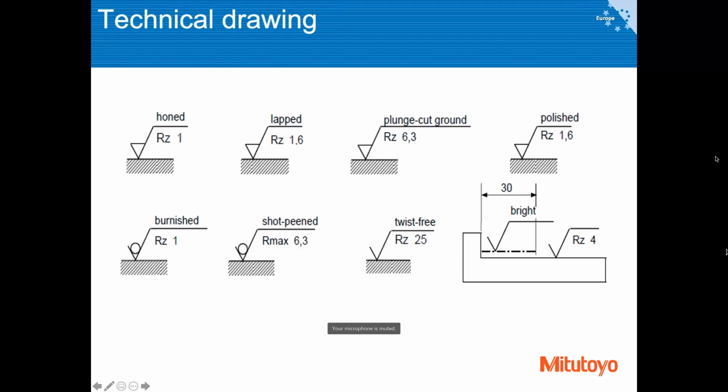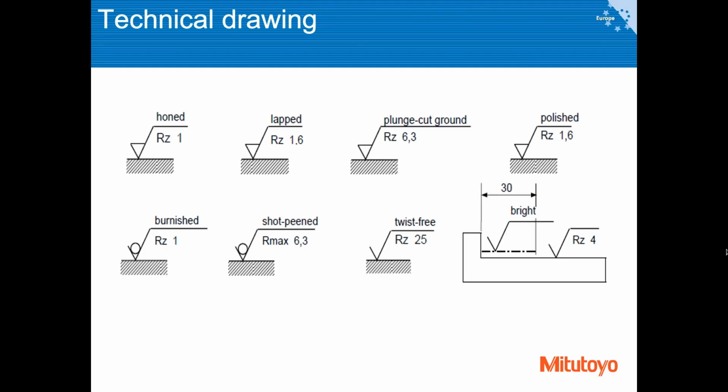As I said, the general symbol is only this square root symbol without any line here or circle here. You are always allowed to use this general symbol, like only these 3 lines. But if you add this line on top of it, it means that some material will be removed from the surface in order to create the final texture of your workpiece.